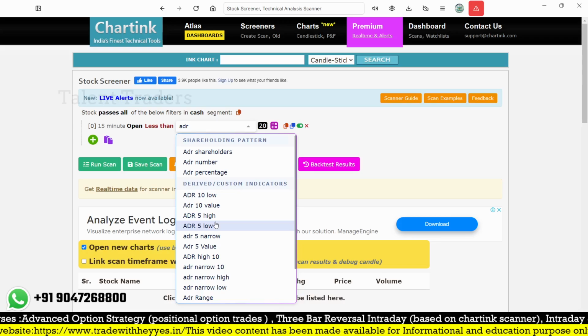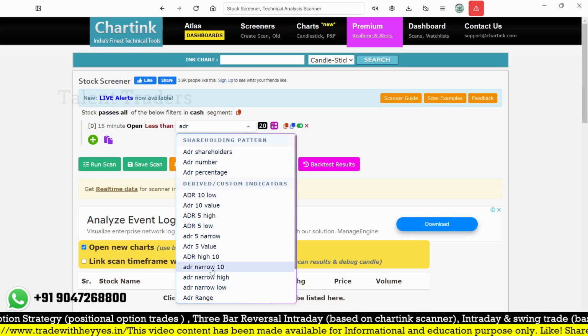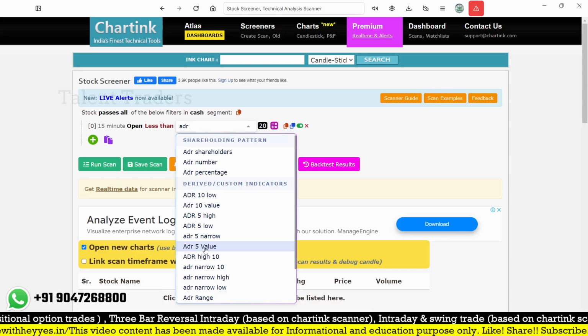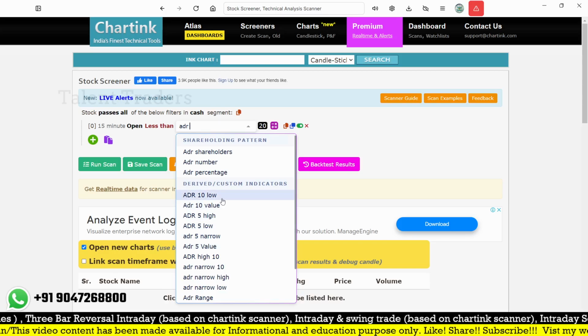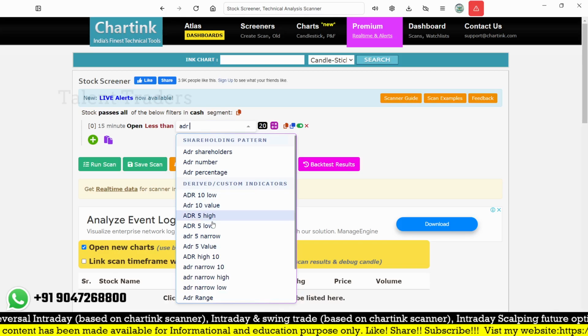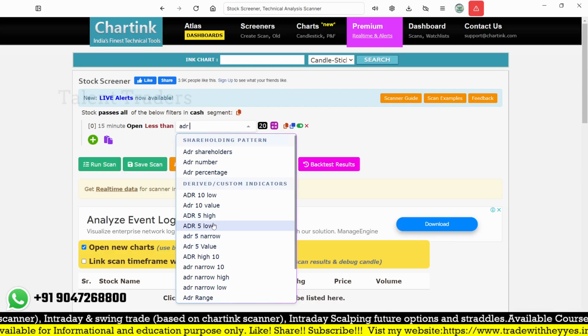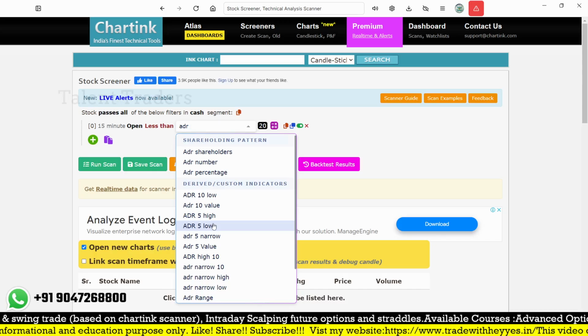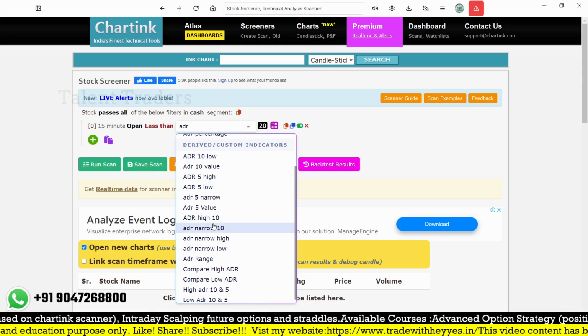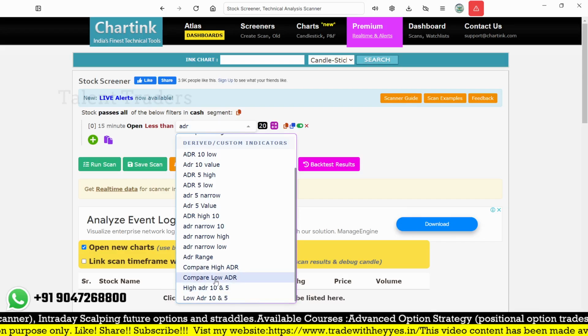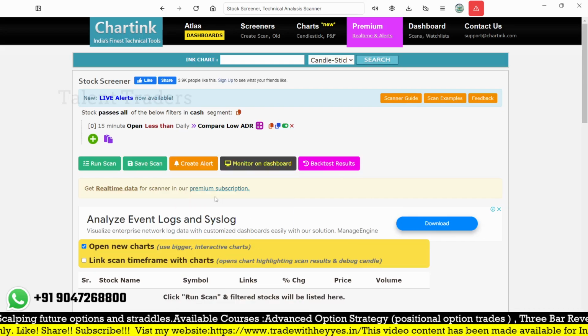So these are all the custom indicators we have already created. ADR high, ADR low. Which one is the right one? Yeah, compare low ADR. So this one is the right one.